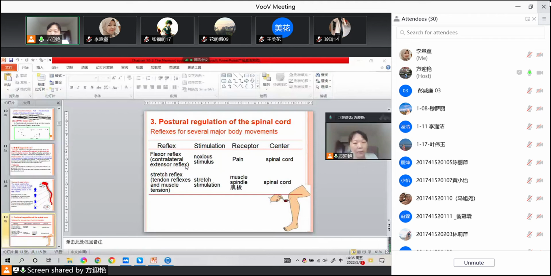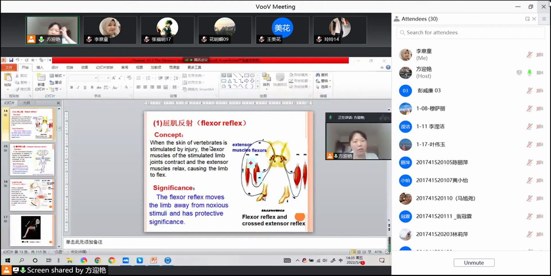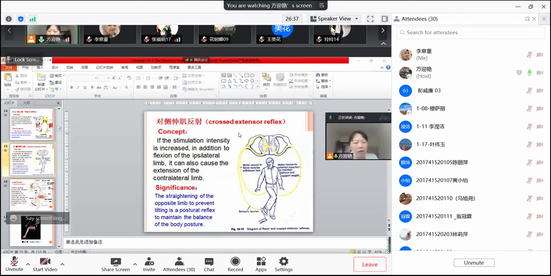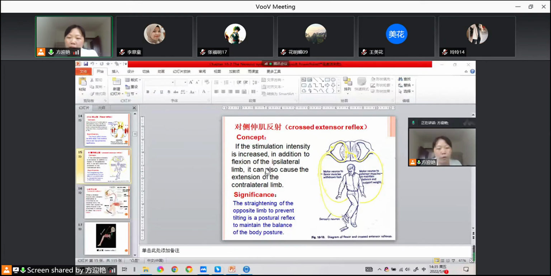We have talked about the flexor reflex and the crossed extensor reflex. They also keep the posture, the positions of the body, and the balance. Their main function is to avoid hurt or damage.